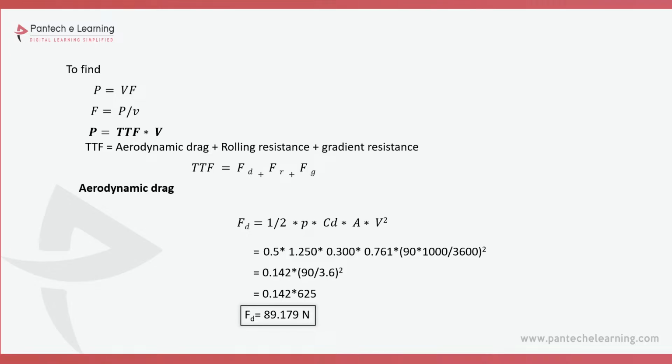For your vehicle, the force required to overcome the aerodynamic drag is about 89 Newton, so about 90 Newton is required to move your vehicle from 0 to some speed against the aerodynamic drag.